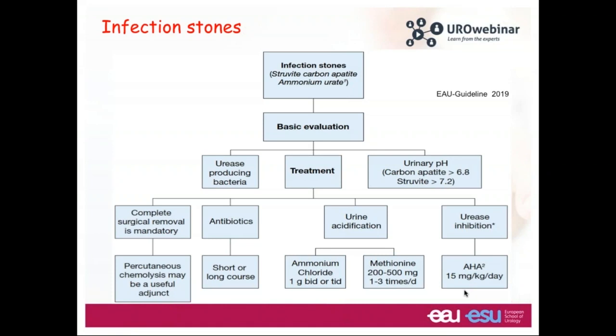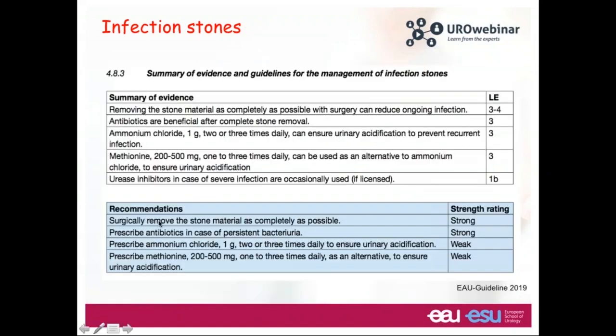as you will see. So as I said, the level of evidence is not that high, unfortunately, for the infection stones. The strong recommendation that we give is to completely remove, if possible, the stone and to prescribe antibiotics. The recommendation is very weak for ammonium chloride or methionine, mainly due to the side effects and the low compliance of the patients.